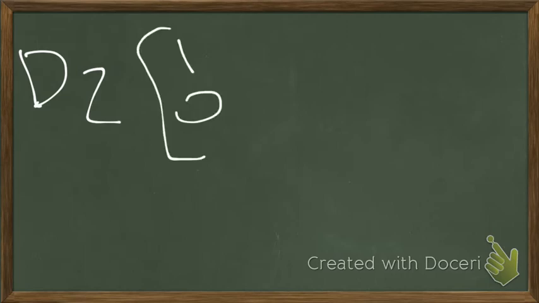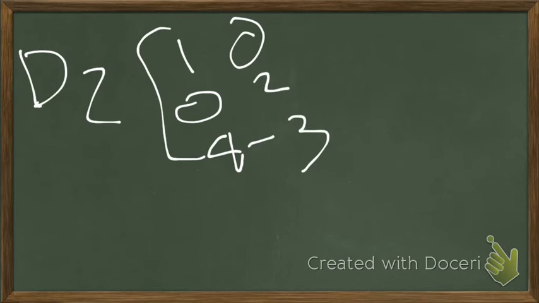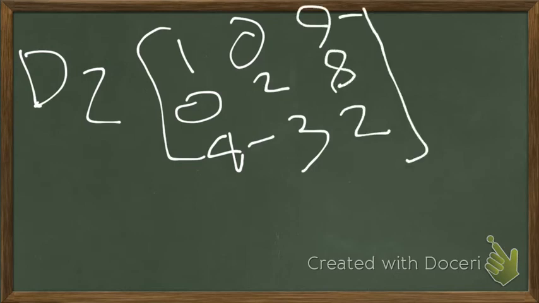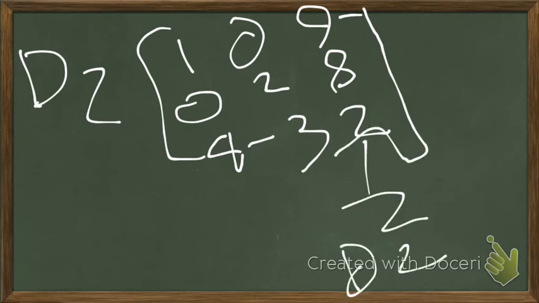The dz matrix is 1, 0, 4, 0, 2, negative 3, and 9, 8, 2. You have it substituted into the z column, because you're working with dz, and you just do the bars to get your values so that you can solve.